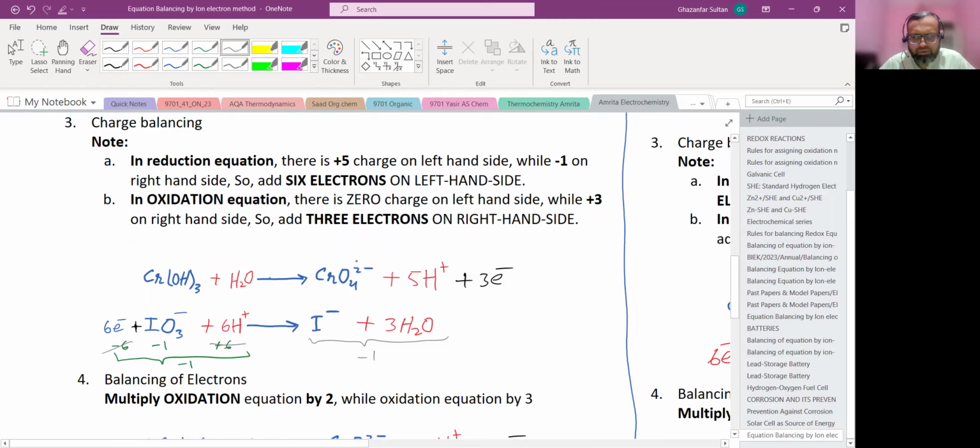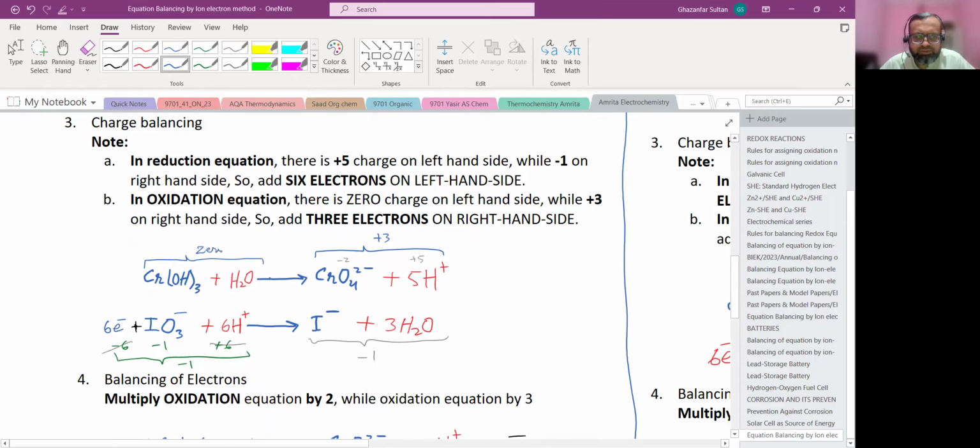Now see in the oxidation equation, the total charge on the right hand side is +5 and -2. I have already balanced it, so I don't need to show it. It was this equation. So the total charge here is +3 because -2 and +5. And on the left hand side, there is no charge. Zero charge is there.